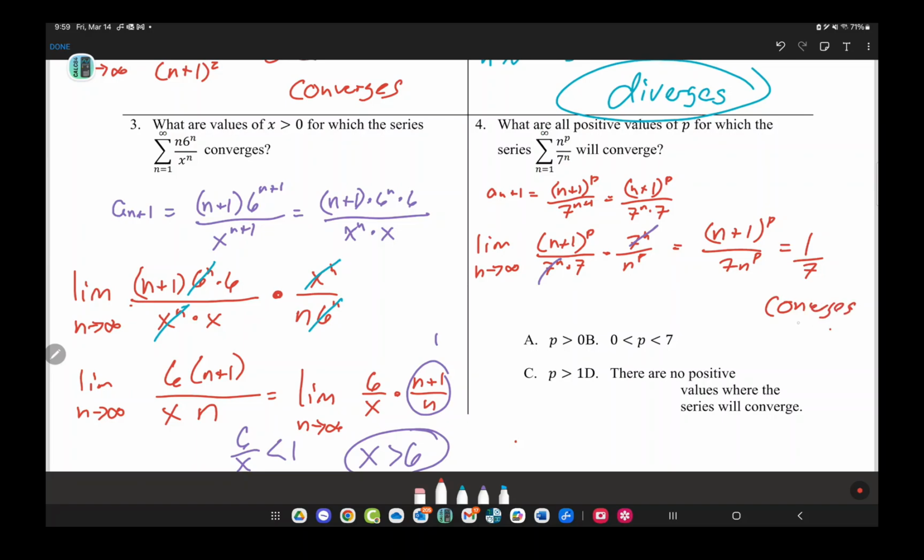So p just has to be what? More than one? No. Anything. Any positive term. Yeah, p just can't be negative. That's all.